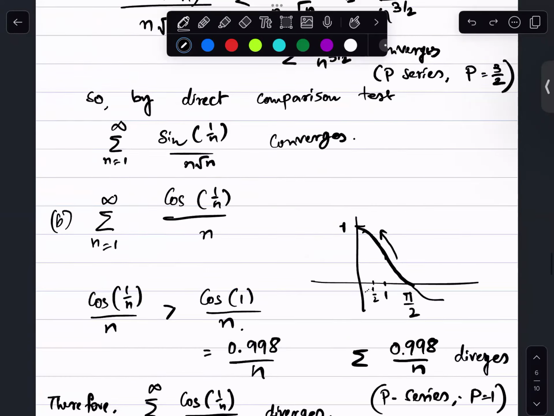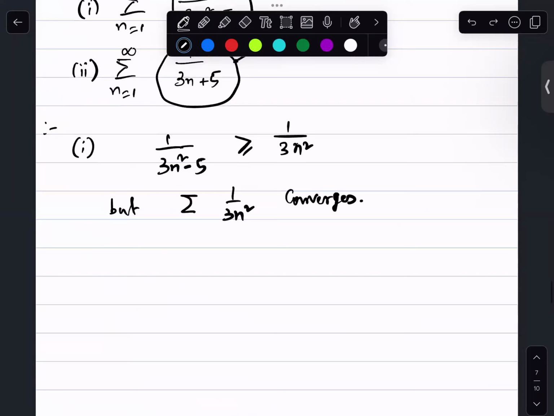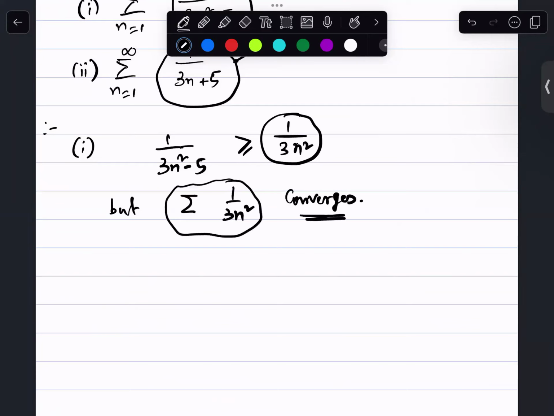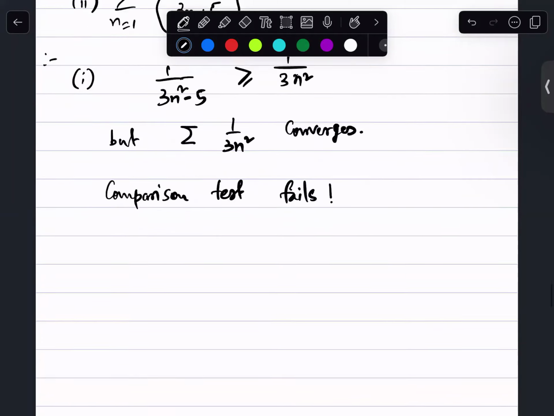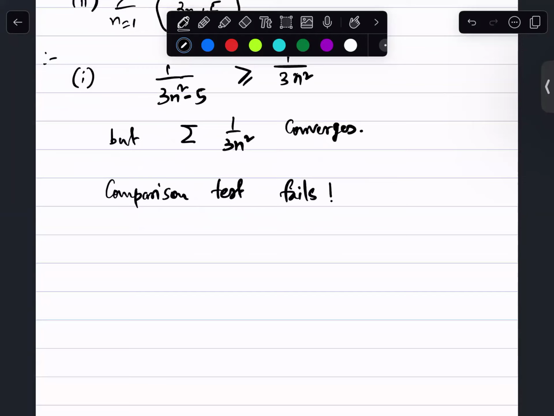Here, what I see is that the series from the right hand side terms is converging. So therefore, I cannot use result 2. What happens is the comparison test fails. So we have to use the previous way, not this way.